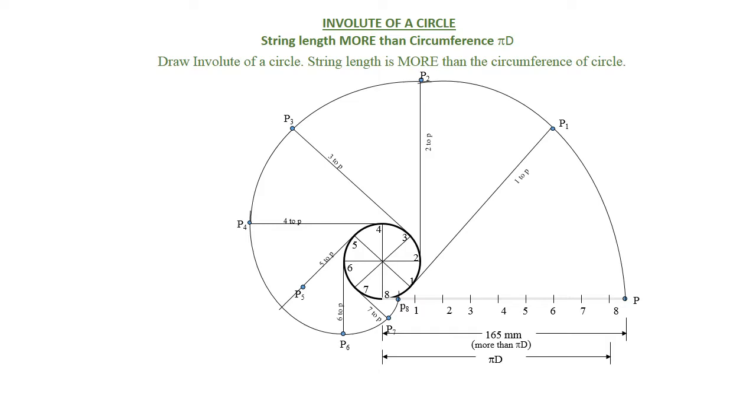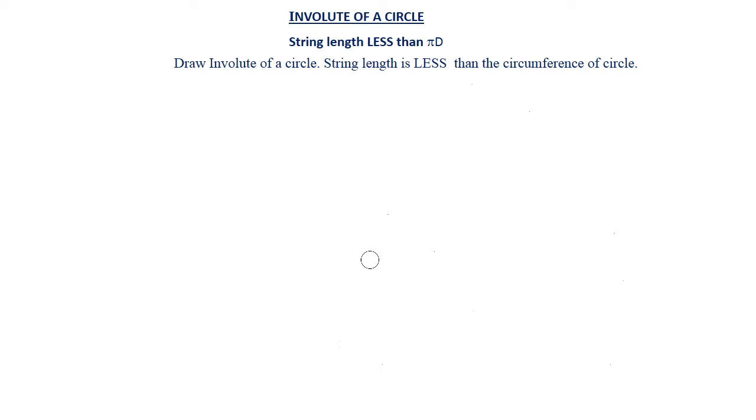Okay, now moving further to the case where the string length is less than the circumference of the circle. Again, a circular disc will be given with some diameter, so draw the circle of given diameter and divide it into 8 equal parts, 1 2 3 4 5 6 7 8.